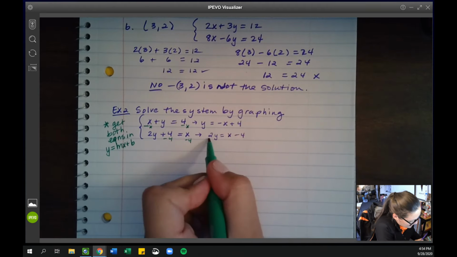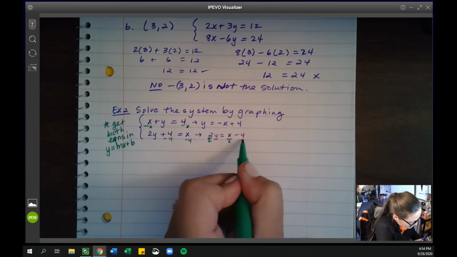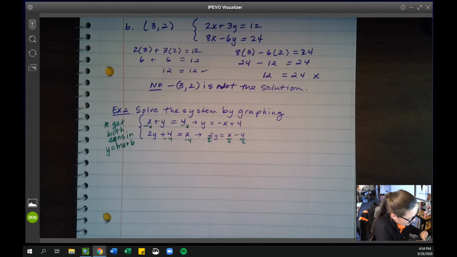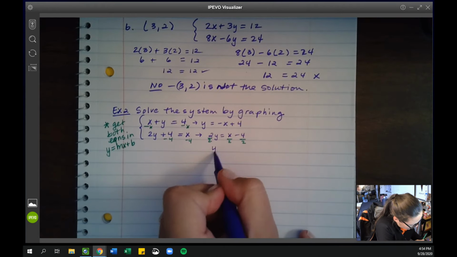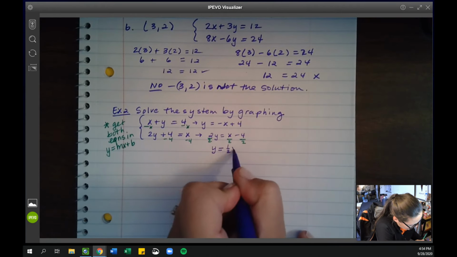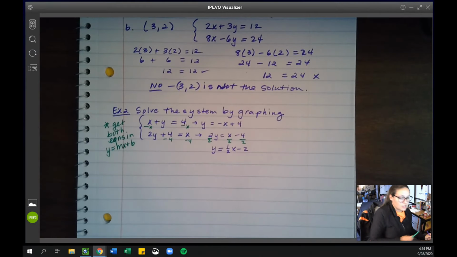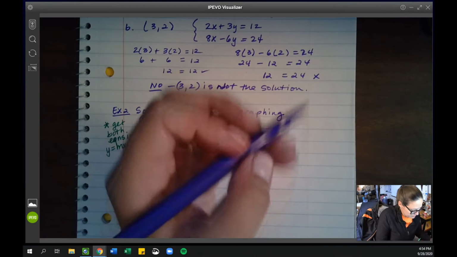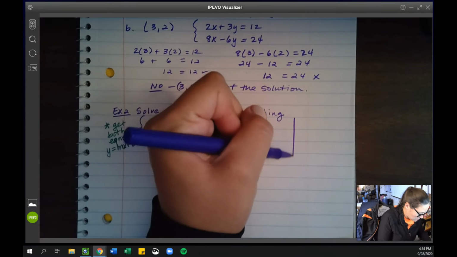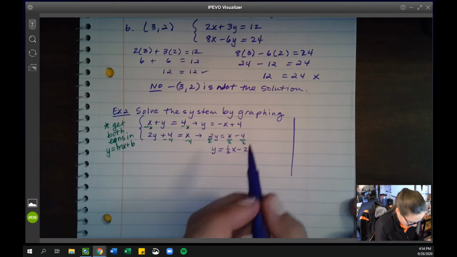And I'm not done yet. I still got to get rid of this 2, which actually leaves me with y equals 1/2 x minus 2. And now I'm going to graph these.